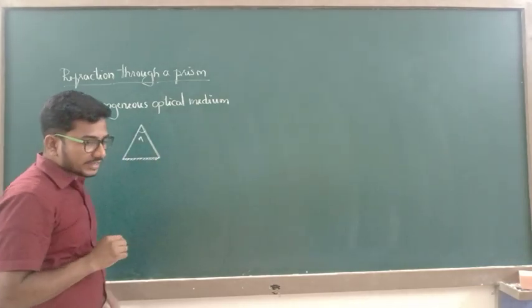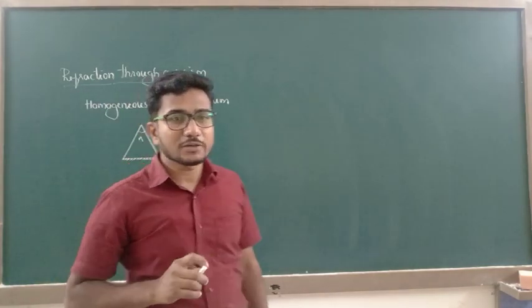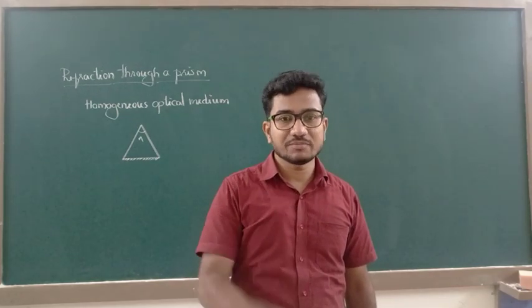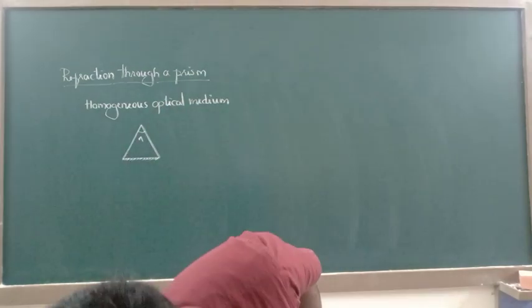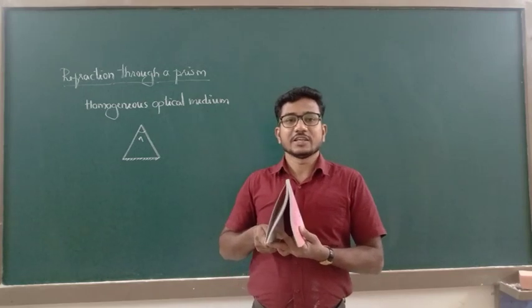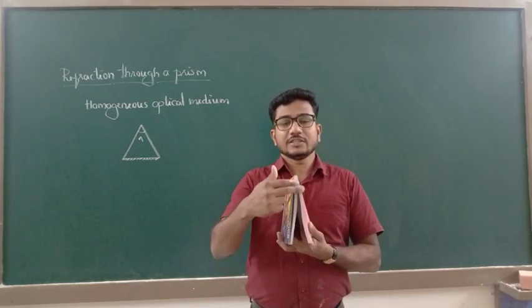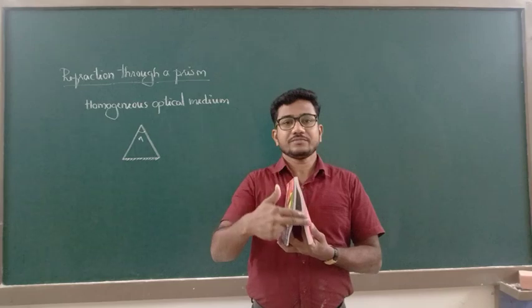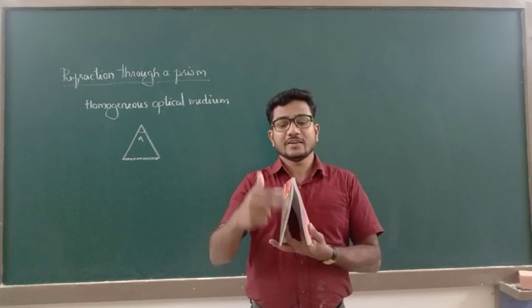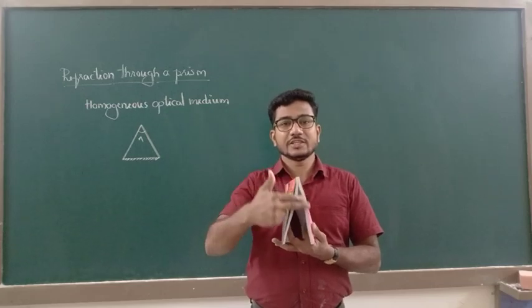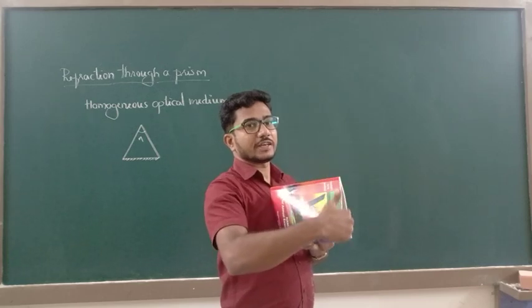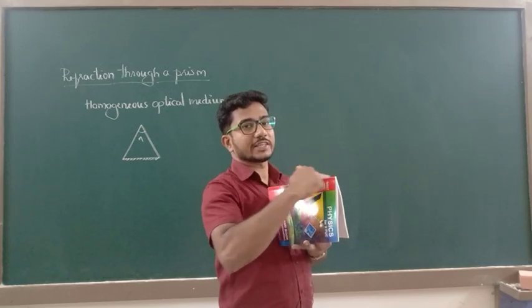The cross-sectional area which is perpendicular to the refracting edge is known as principal section of the prism. See here, this is the cross-sectional area. Now the angle between this cross-sectional area and the refracting edge is equal to 90 degree.